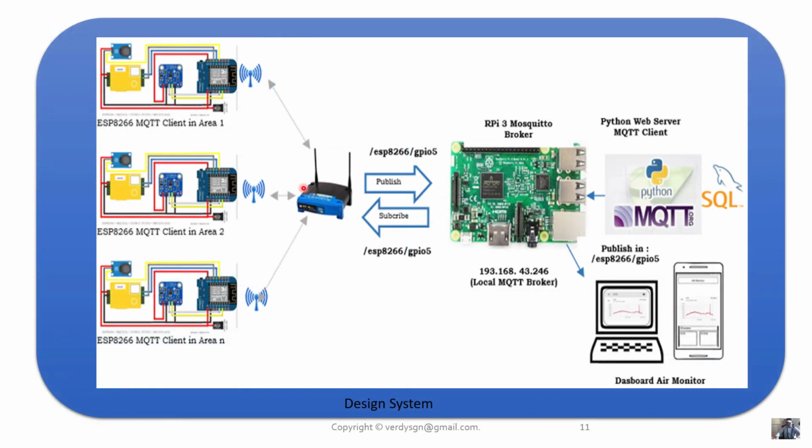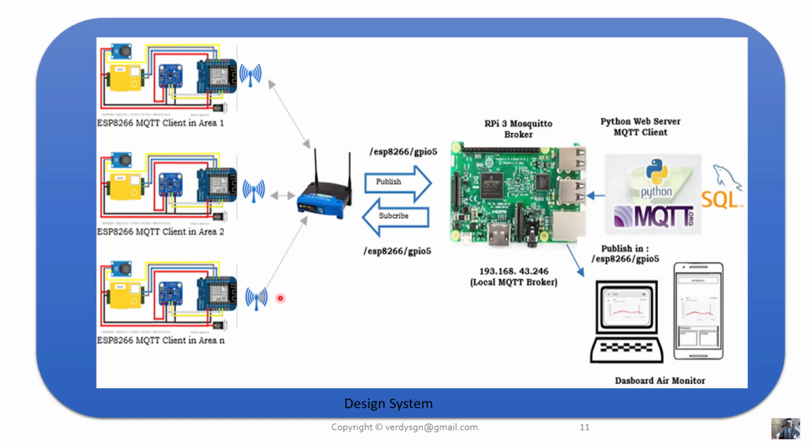And now we see the implementation. NodeMCU Node 1, NodeMCU Node 2, and NodeMCU Node 3 are placed in location area 1, area 2, and area 3.